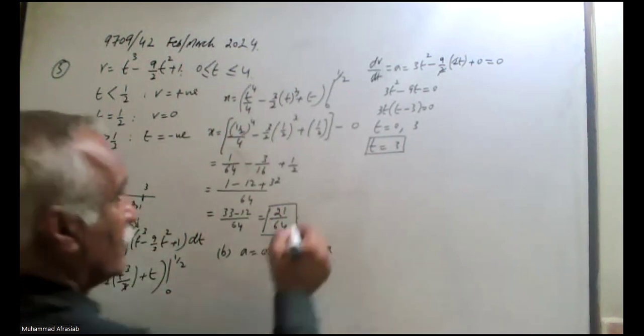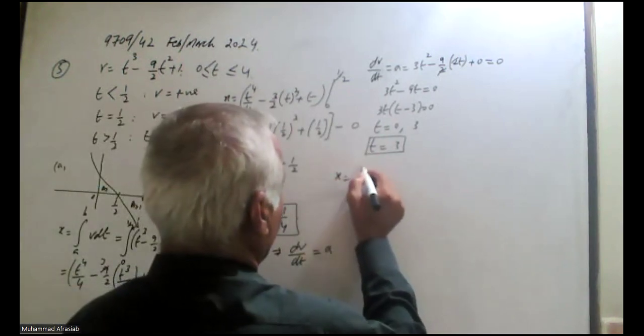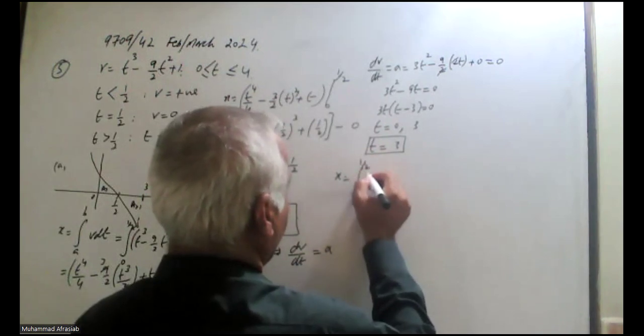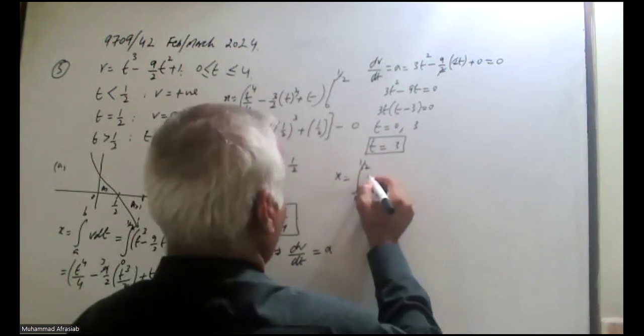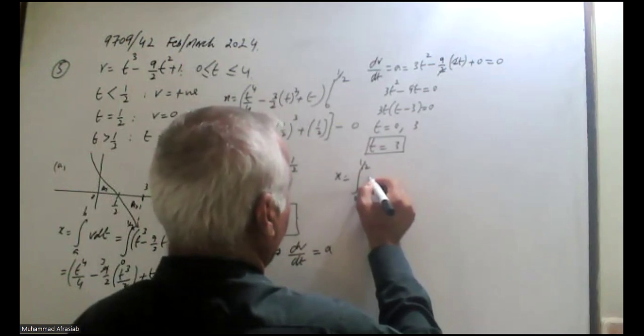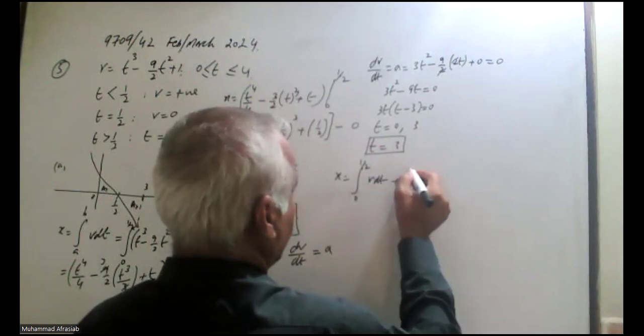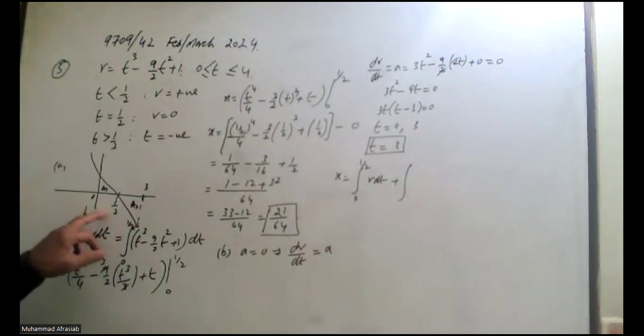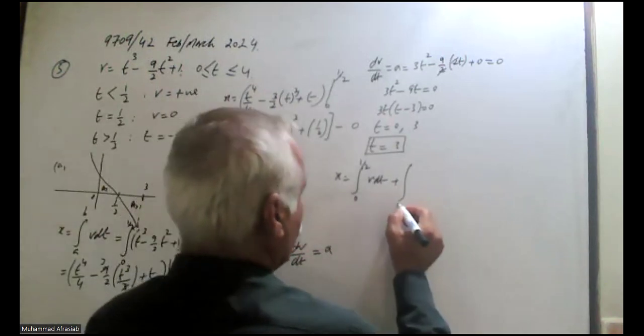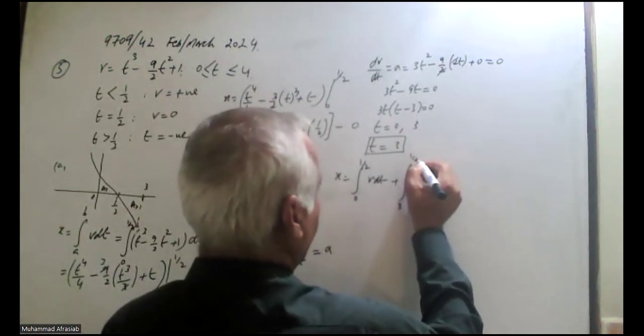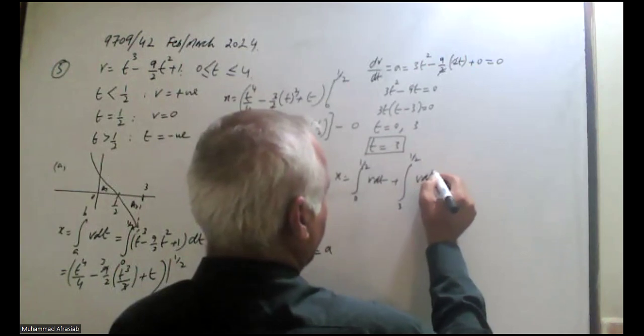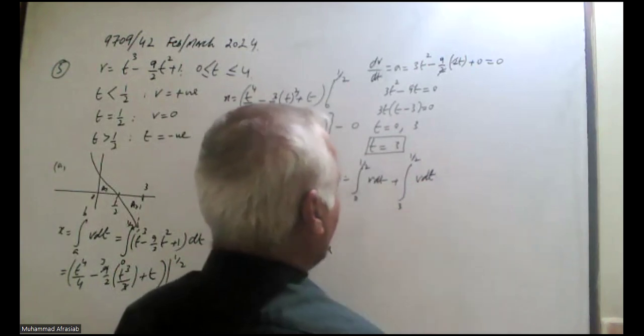So we can find the total distance from 0 to half of v dt plus half to 3, but it is below the x-axis, so we take reverse order, 3 to half, so that our distance is always a positive value.